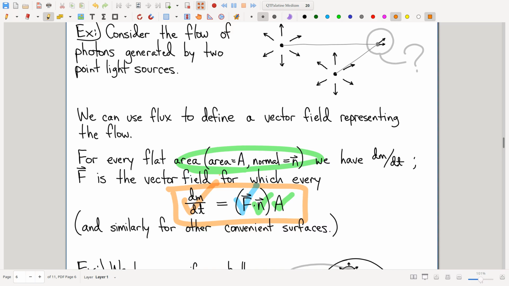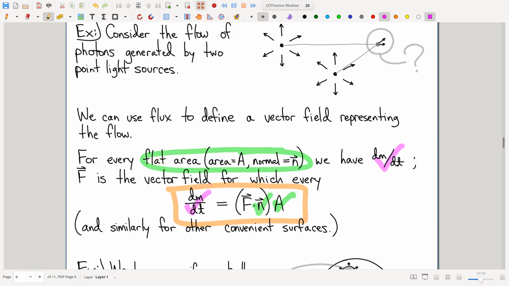I'm just going to turn this around now and say, look, if you give me an area and a normal vector, I can empirically measure the flow rate. I can just look and see, okay, here's my area oriented as indicated, and just see what's the flow rate of photons, in this case, going through that area.